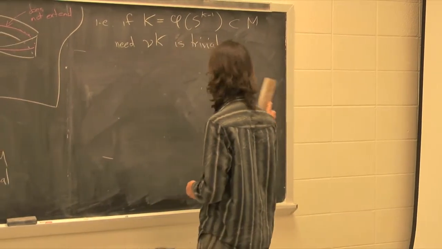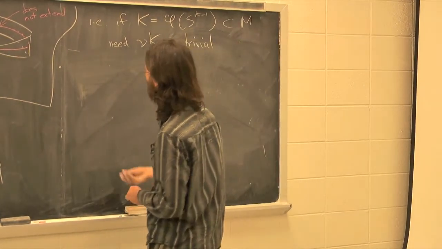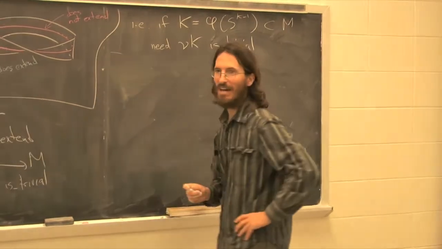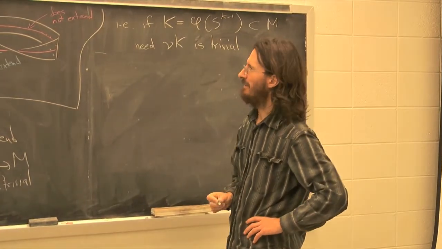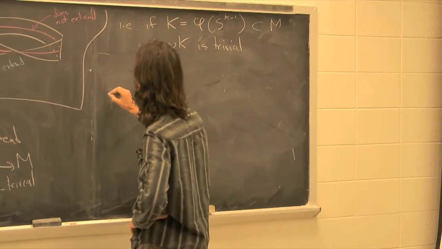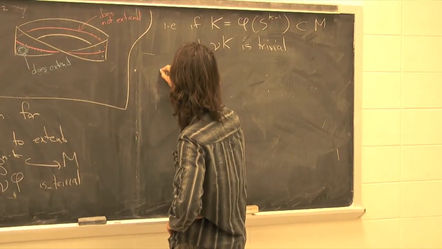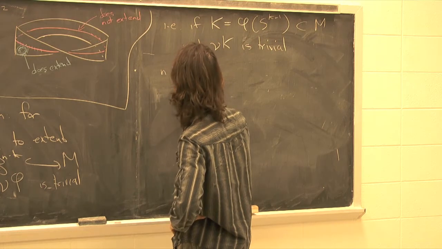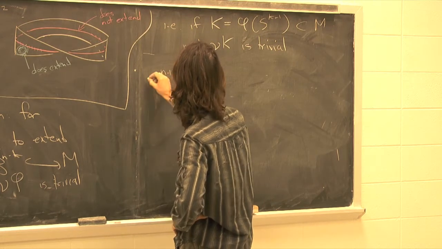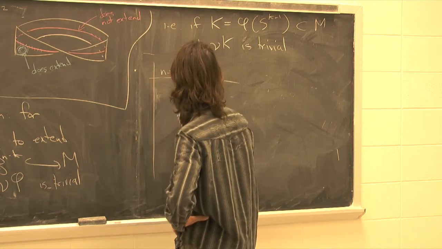It turns out there are cases in which it's automatically trivial. We'll make a little table of values, so let's write n minus 1 and k minus 1. That's really what we care about here.